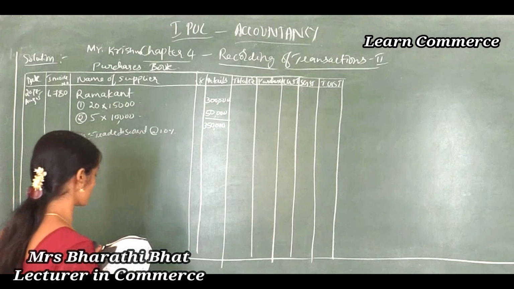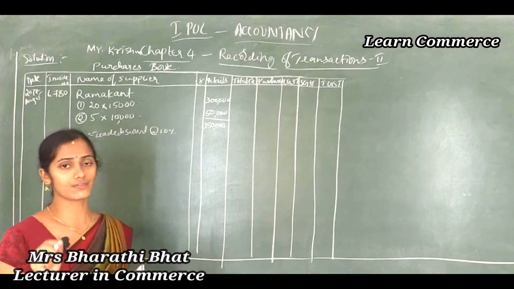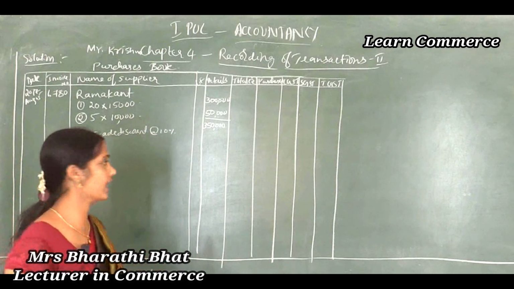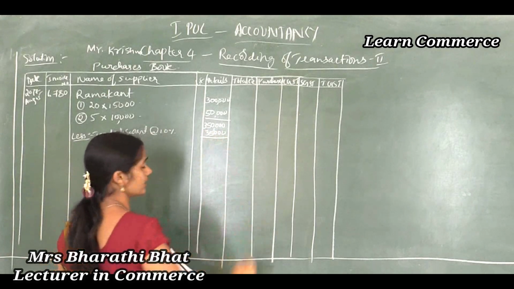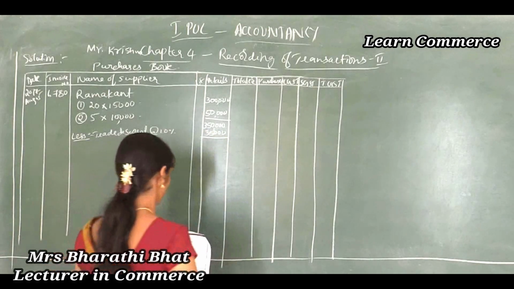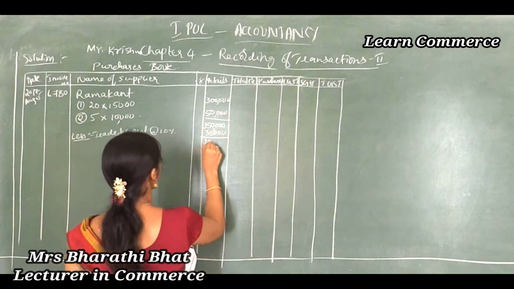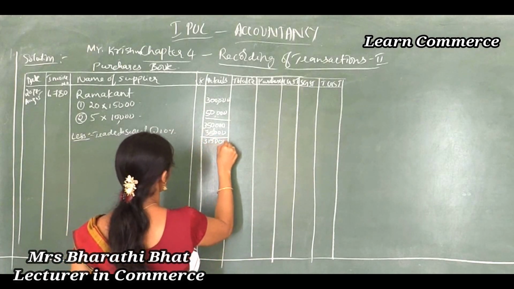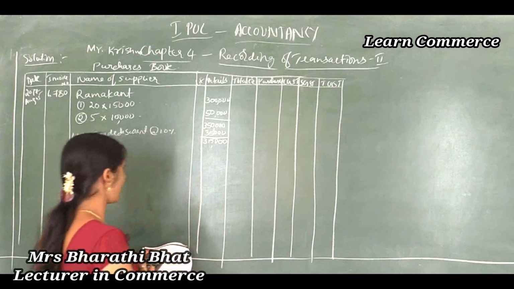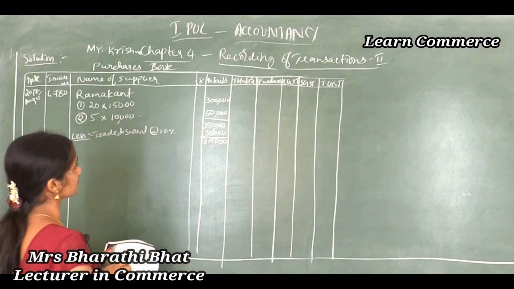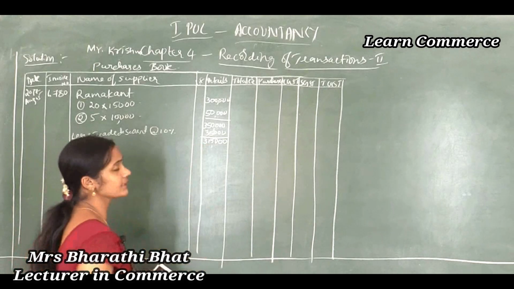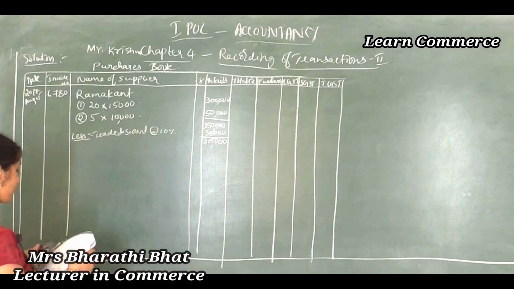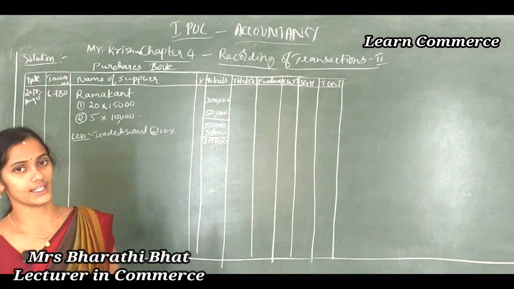So 3,50,000 into 10 by 100, 35,000. Correct, right? So what is the amount now? 3,15,000. Correct, right? 3,50,000 minus 35,000, 3,15,000. Next we have to add GST here.